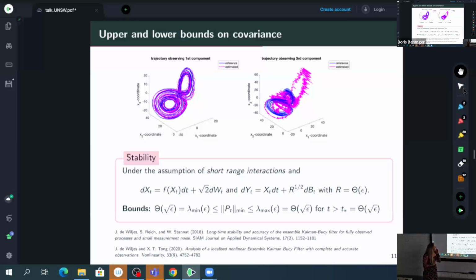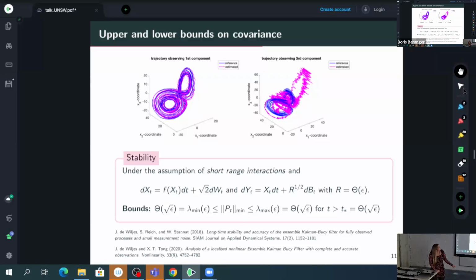And the purple, the pink lines, is the prediction that is using data assimilation techniques to approximate the reference solution. The pink one is observing, I think, the first component. The Lorenz system has 3 components. And on the right panel, you see what happens if you observe the third component. It is well known that if you just observe the third component, you don't have enough information to fully recover the reference solution anymore.